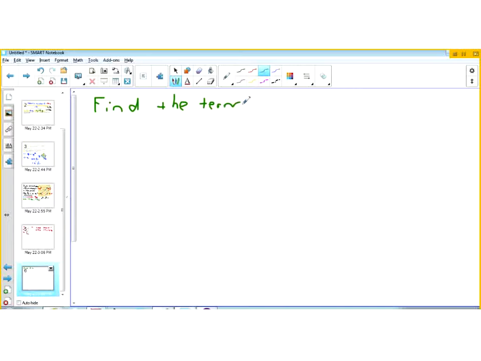Now we know what it is from the table, but how do we know that's true?